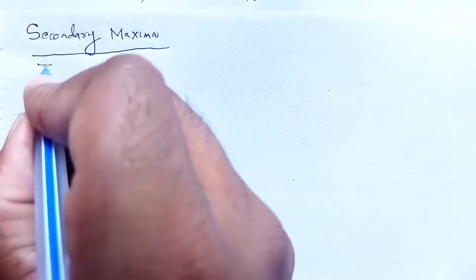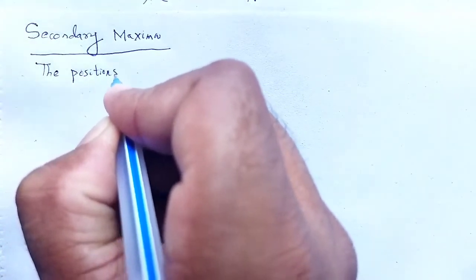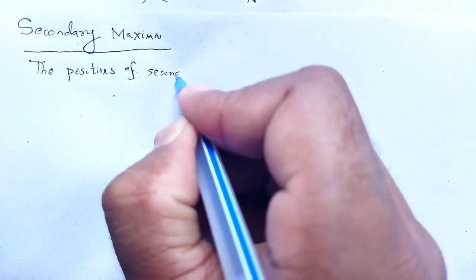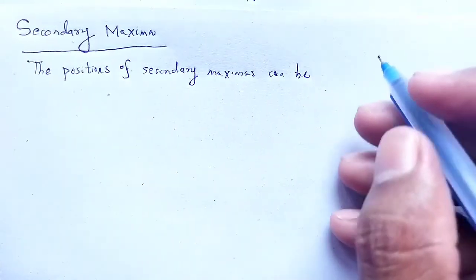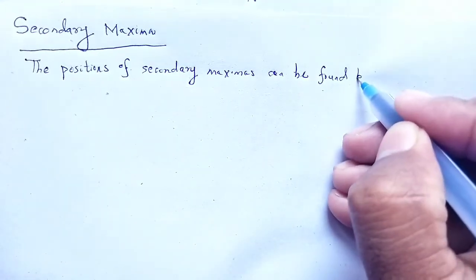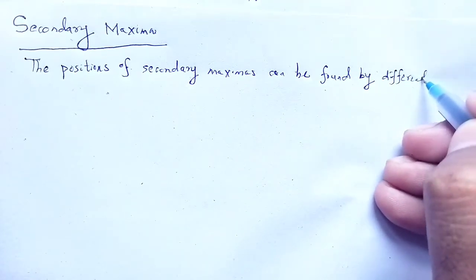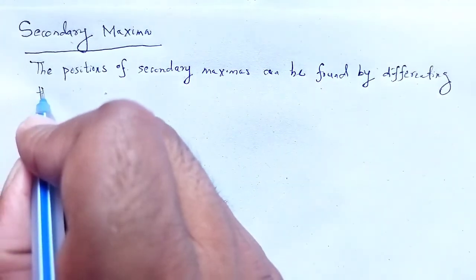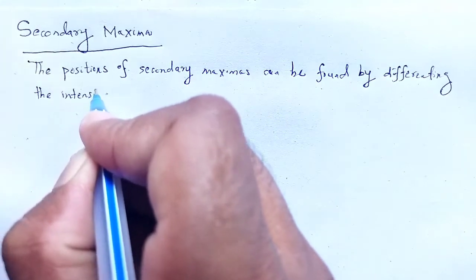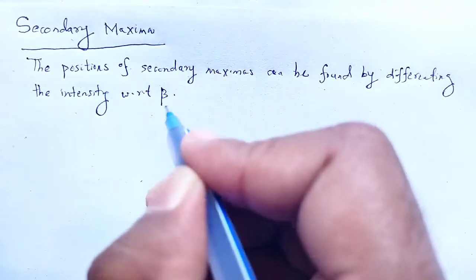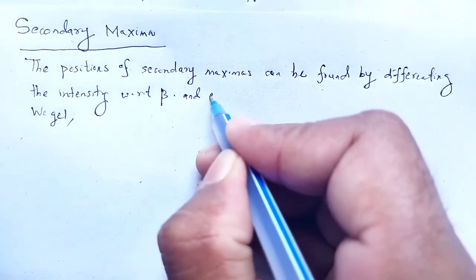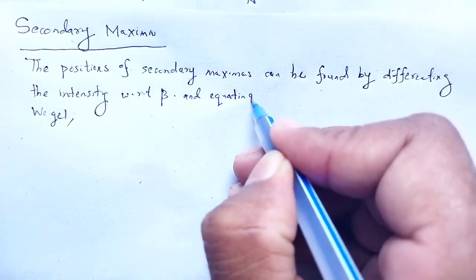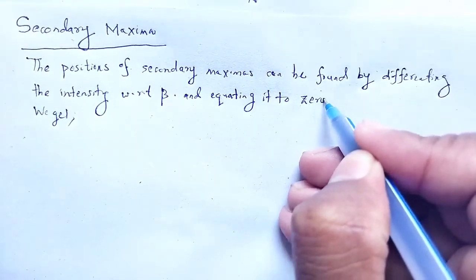So, the positions of secondary maximas can be found by differentiating the intensity with respect to beta and equating it to 0.